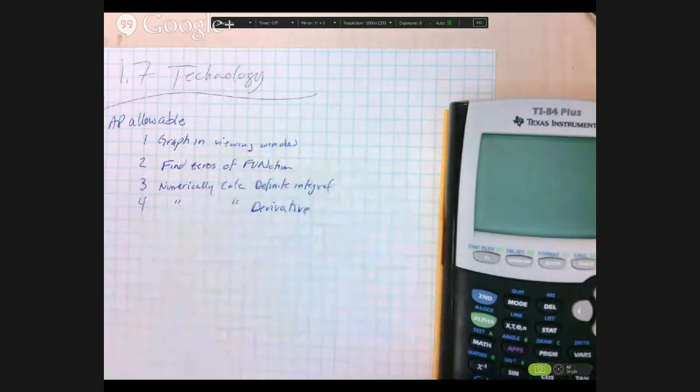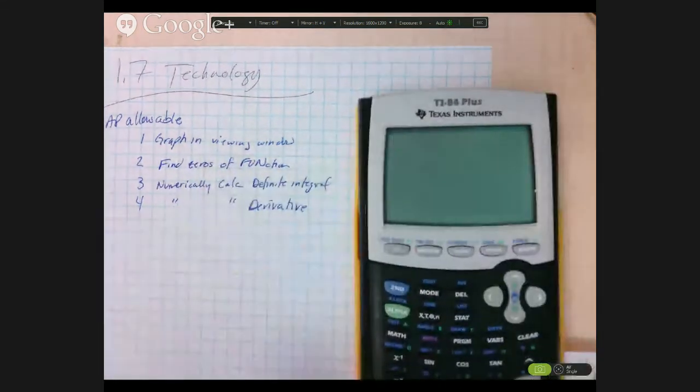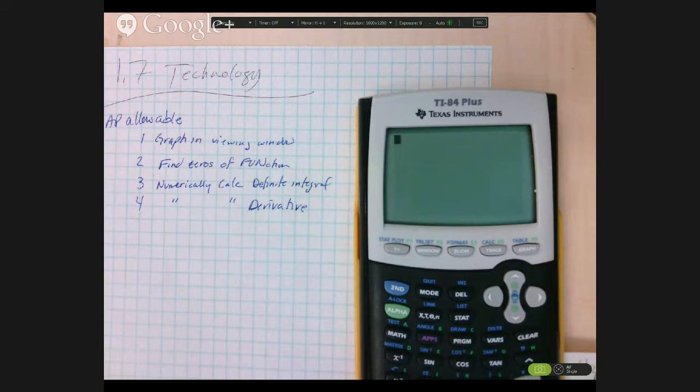And calculate the integral. So what you know how to do right now is the first two: zeros and graphing in a window. The first semester you'll learn what a derivative is, and second semester you'll learn what an integral is. So that's what's coming.